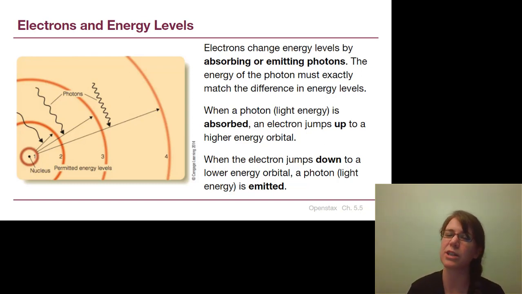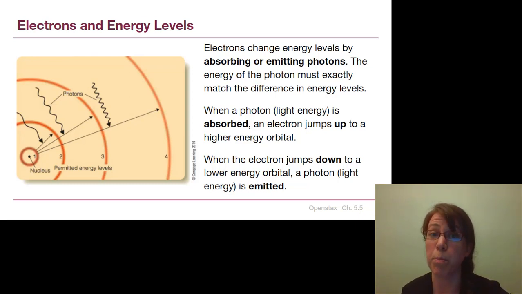And then it's like, no, I actually just want to go back down to lower levels, and it hands it back to you. It gives you that energy back. It emits a photon. So electrons can give off photons if they're dropping to lower levels, or they can receive photons, and then those photons are gone if those electrons then jump up to higher energy levels.